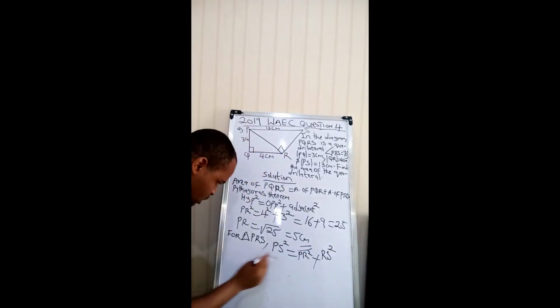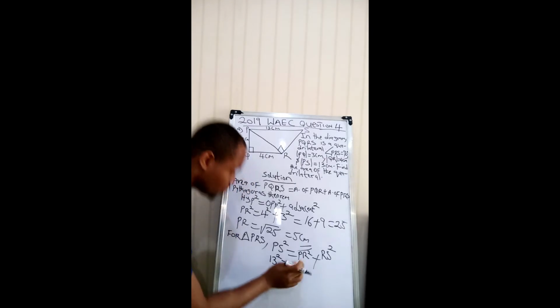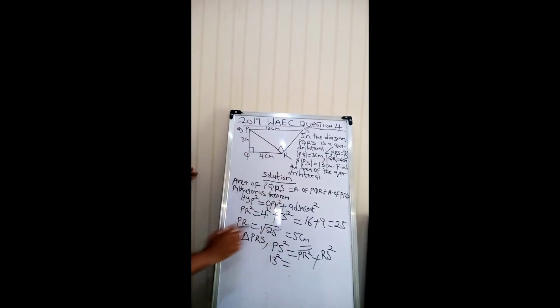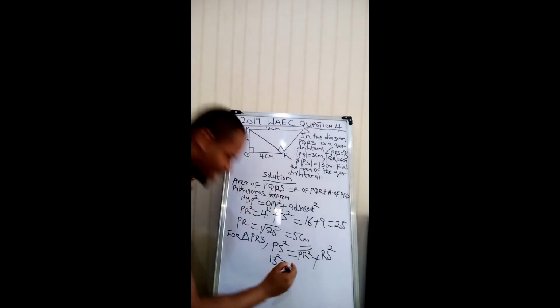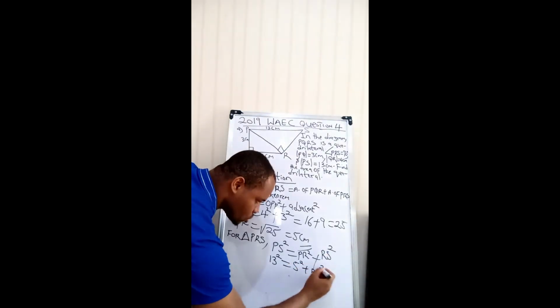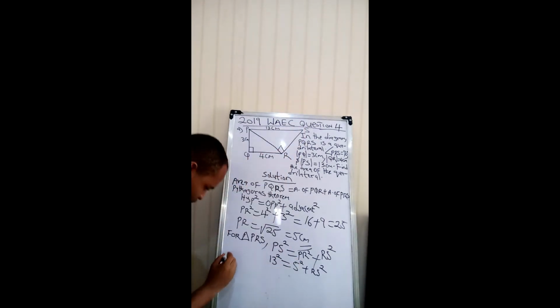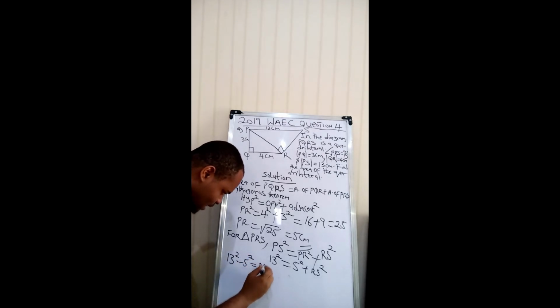My PS is given to me as 13, squared, will be equal to PR, which we just solved for as 5, squared, plus RS squared. We don't know what RS is, so take this one to this side. I'll be having 13 squared minus 5 squared is equal to RS squared.